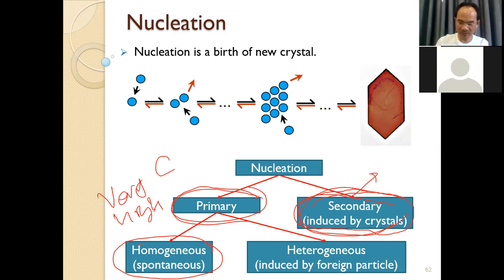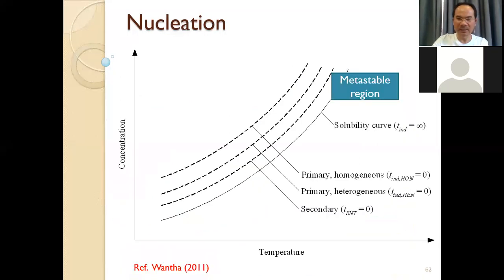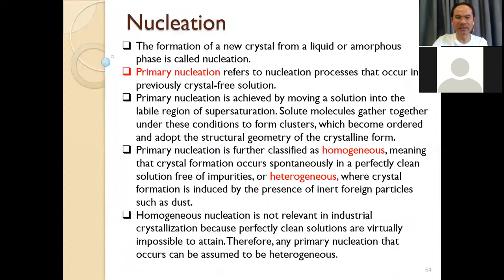And also, if we have some foreign particle to induce the nucleation, it also nucleates. This is heterogeneous nucleation, because in our solution there are some foreign particles. The foreign particle is not the crystal of the solute, it's a different crystal. These are the techniques of nucleation.